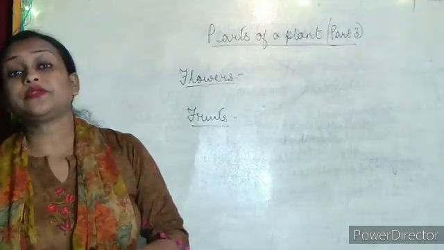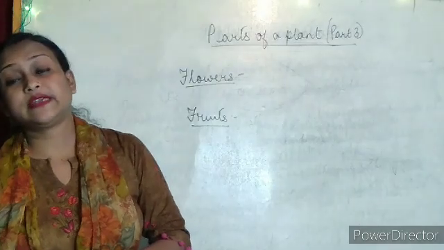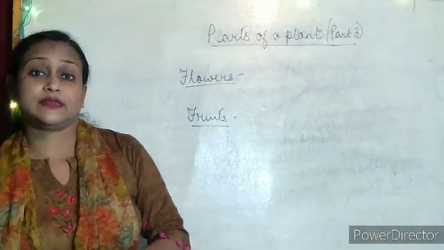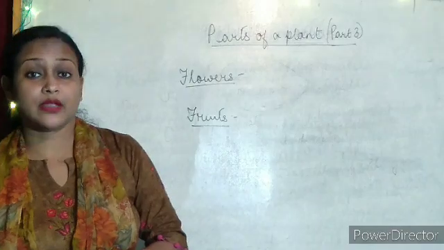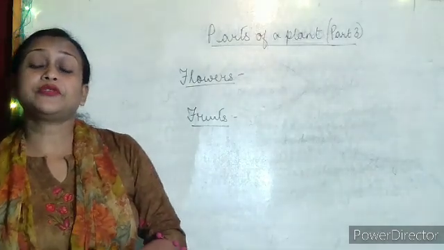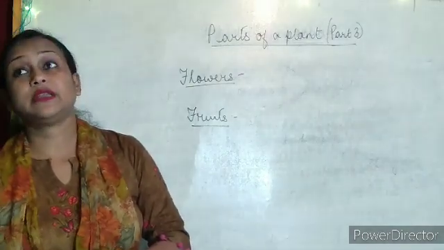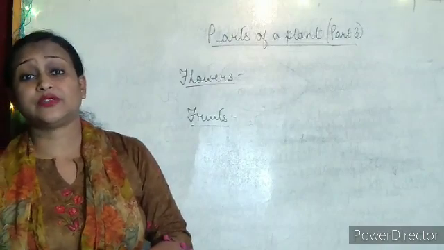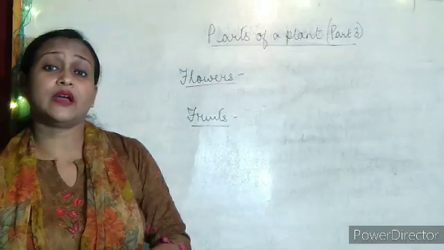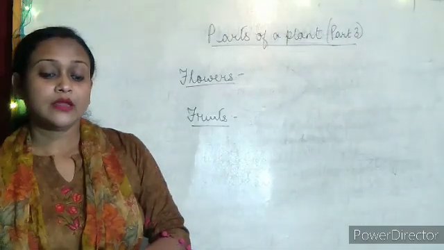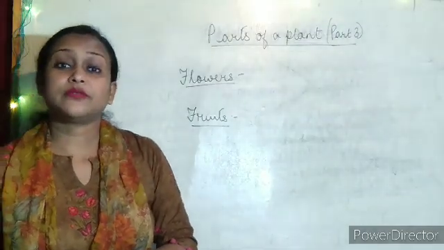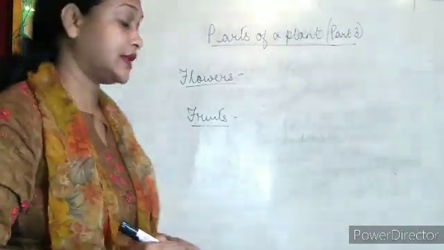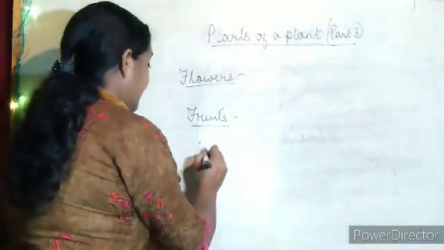Some of the fruits have only one seed, like mango, whereas some fruits have few seeds, for example apple, and some fruits have many seeds, which we can see in papaya and watermelon. So next we are talking about seeds.